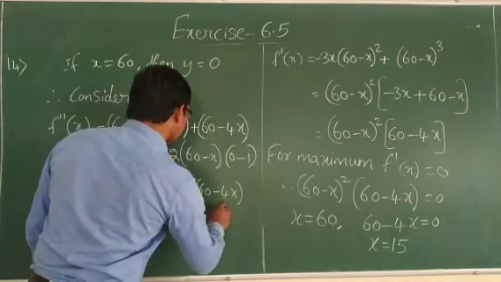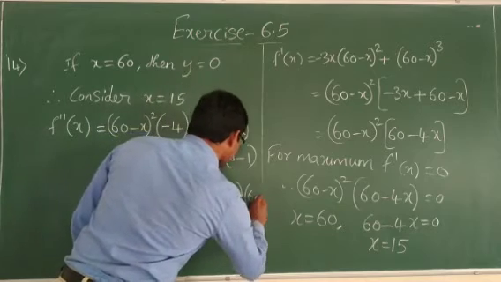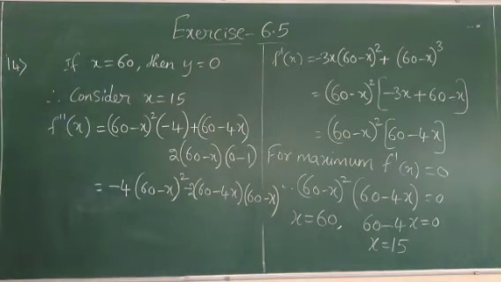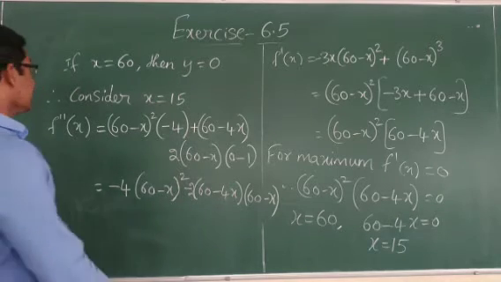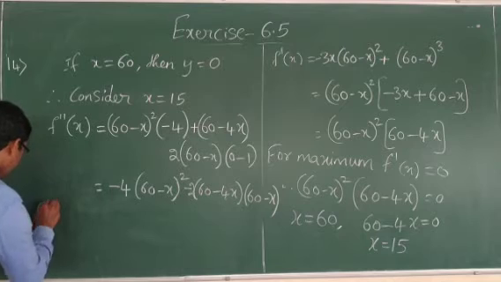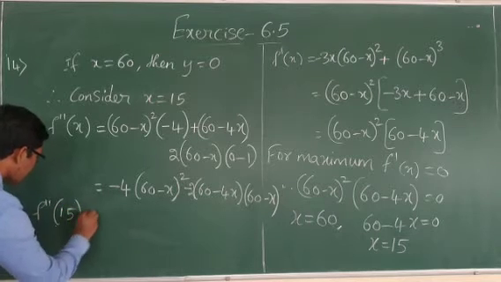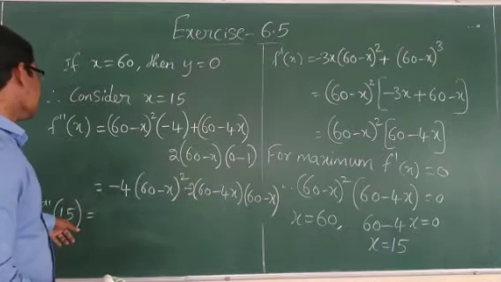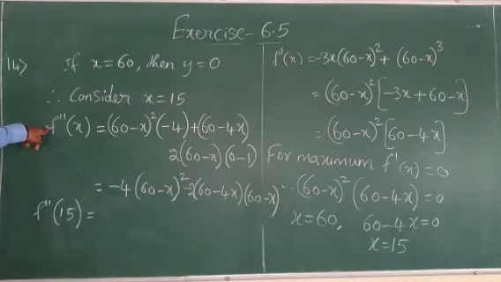So again 2 into, we get again 60 minus x. Now if you try substituting 15, because you have to find the derivative at 15, this should be negative. If we get this negative, then the function f will become the maximum value.